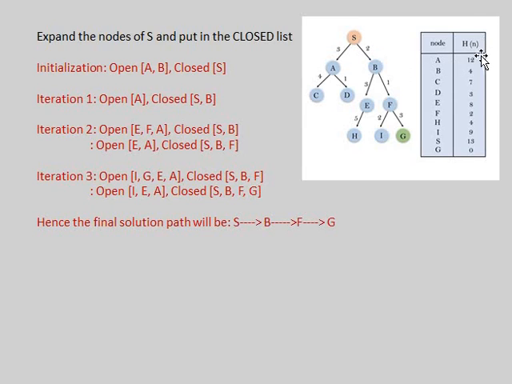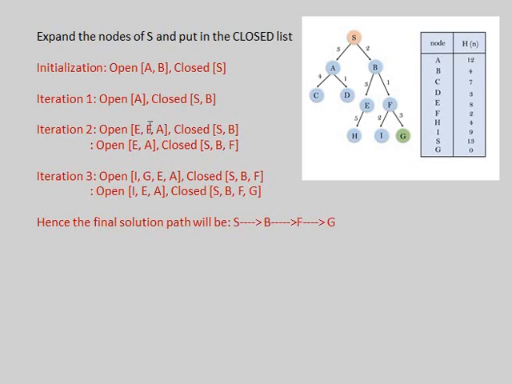So 4 is less than 12, and we move node B from the open list to the closed list. Now the open list has node A, and the closed list has node S along with node B.